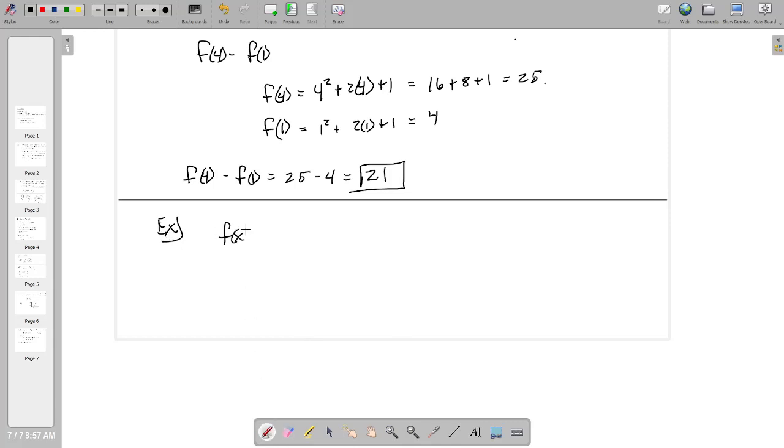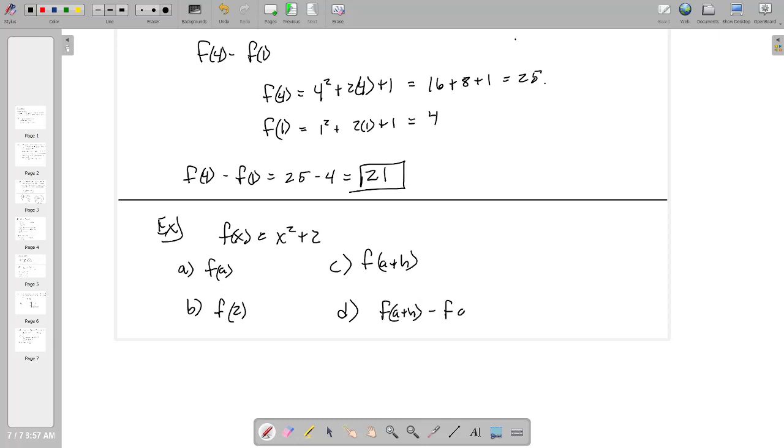If f of x is equal to x squared plus 2, I want you to find a, f of a; b, f of 2; c, f of a plus h; and d, f of a plus h minus f of a, divided by h. Now this last one is a bit tricky, so I'm going to walk you through that one a little bit slowly. These other ones we've already been doing.